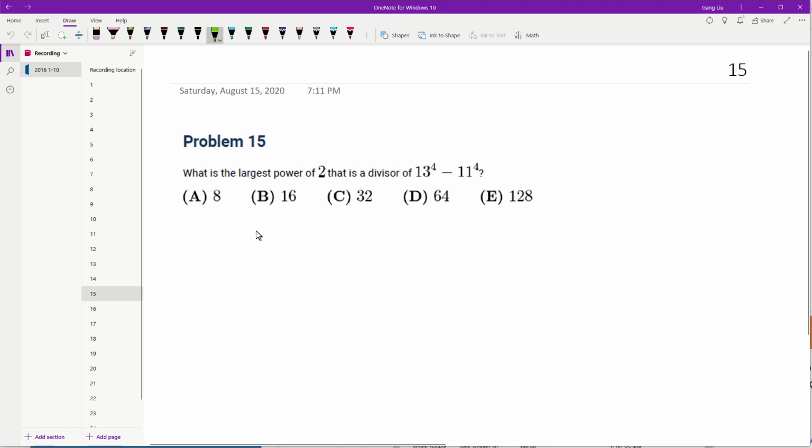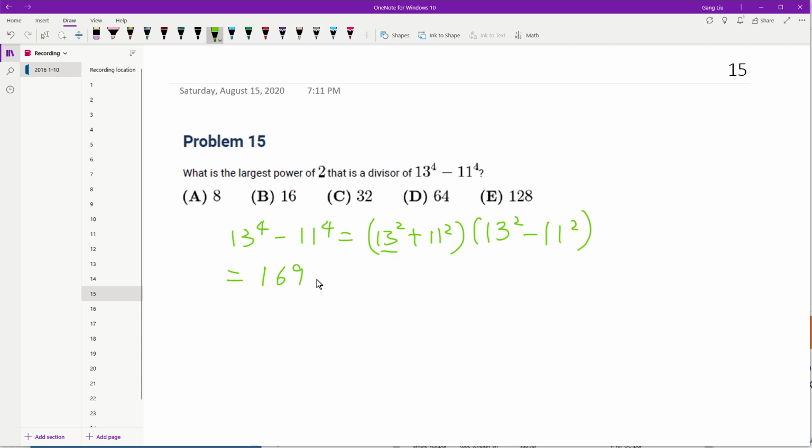Let's try to use the difference of squares to factor this number. 13 to the fourth minus 11 to the fourth equals (13 squared plus 11 squared) times (13 squared minus 11 squared), which is (169 plus 121) times (13 plus 11) times (13 minus 11).